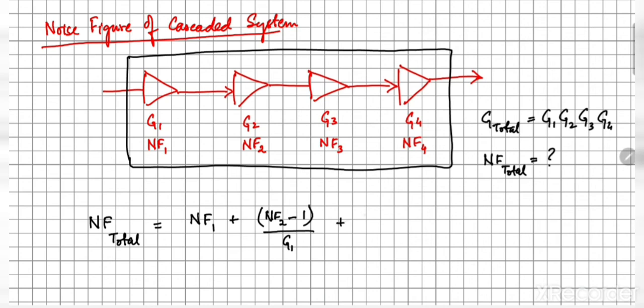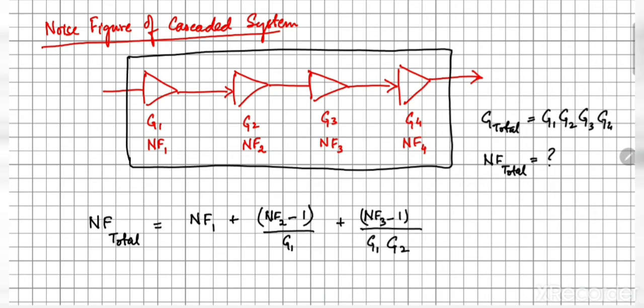plus NF3 minus 1 divided by G1 times G2. That is gain G1 and G2 multiplied together to provide the effective signal gain at the input of this block.